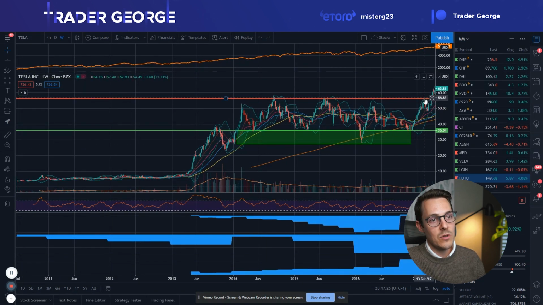And actually, this is a good example, right? You see how every time we hit the resistance level here, we go straight back down off it. And here we hit that level and then we turned around and hit it quite quickly again.